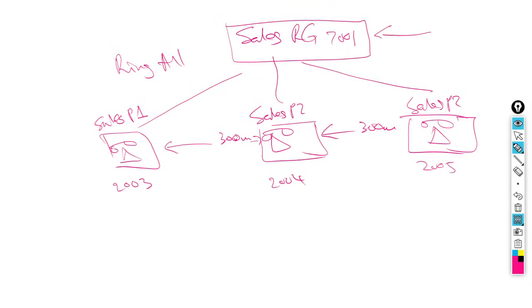So if you send a call into the sales ring group and we say probably a cascade or ring the first free extension or whatever, it means when a call comes, it's going to come and ring this extension.